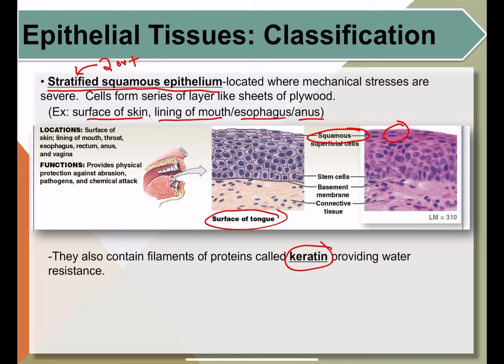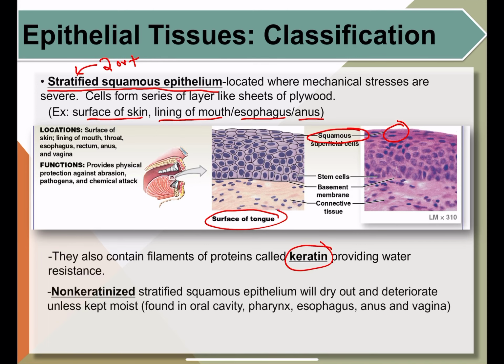Those that line our interior surfaces, like the oral cavity, throat, esophagus, anus, and vagina, are non-keratinized, meaning they do not have the ability to resist moisture loss. They have to be hydrated all the time.